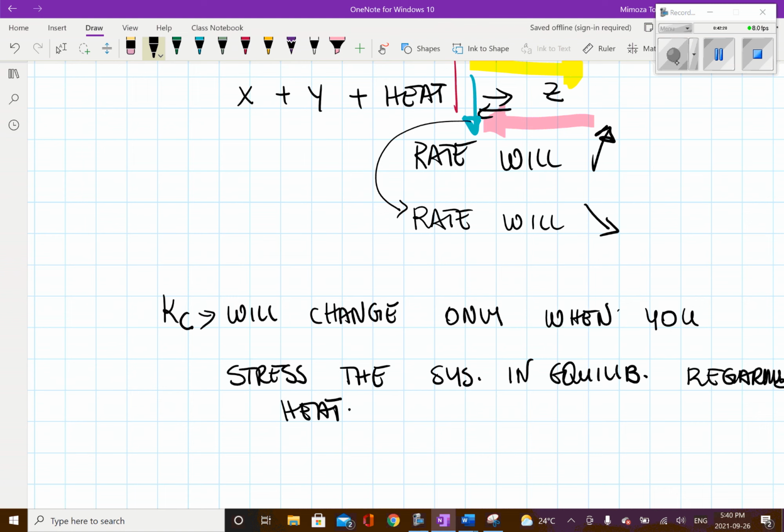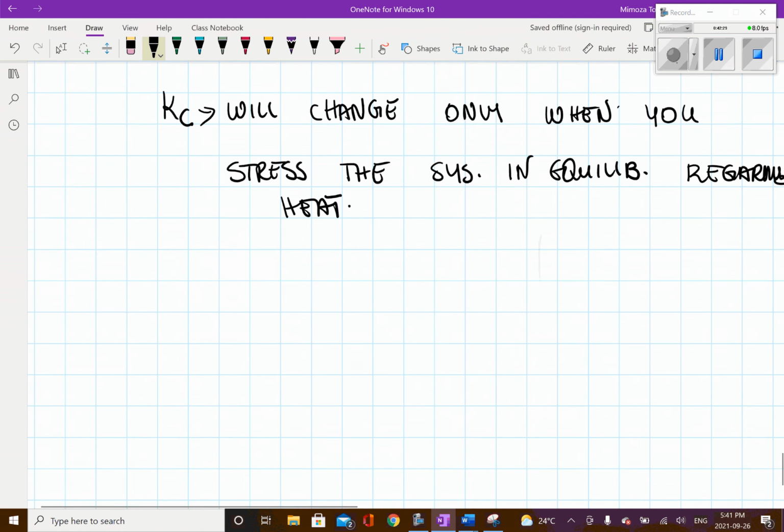We will have a new equilibrium system when heat is stressed into the system in equilibrium.